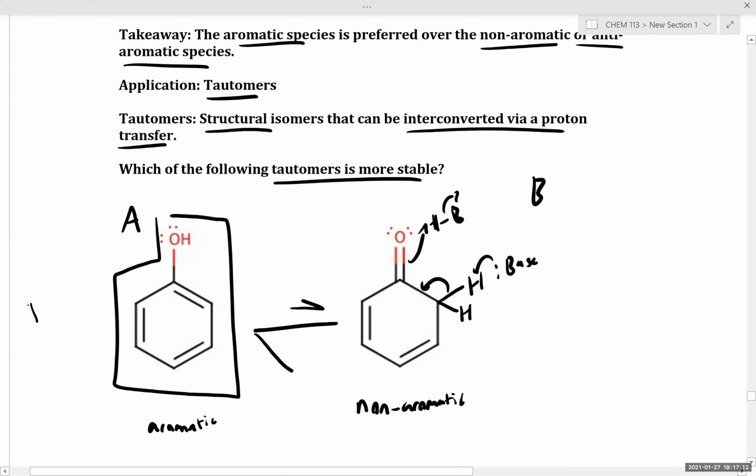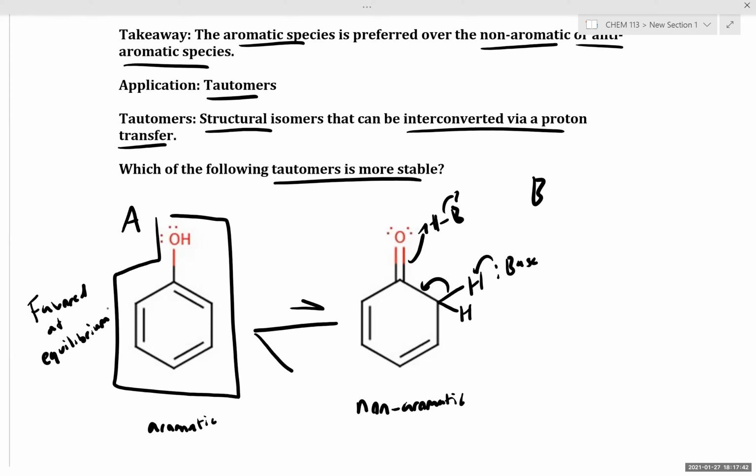So A is favored at equilibrium. This is important to consider because phenols don't react like ketones. When you draw your structures, you should give the best depiction of the structure as it actually is. So it would be odd to draw this structure with the ketone tautomer present.